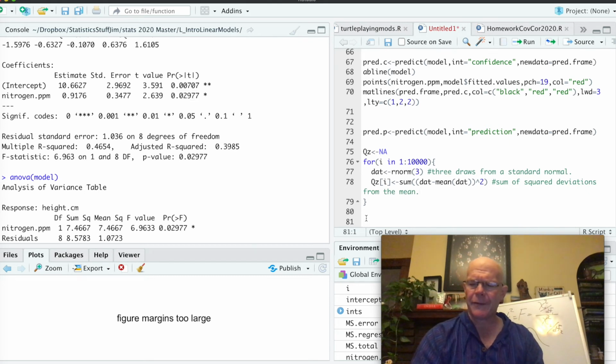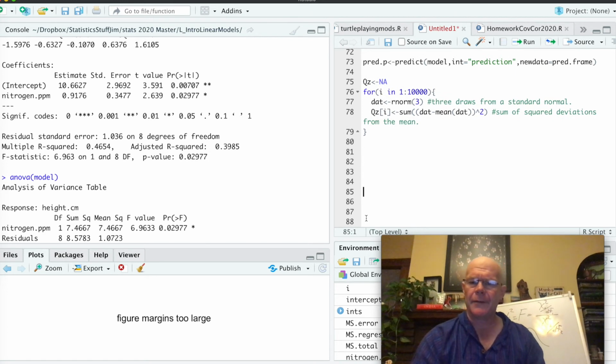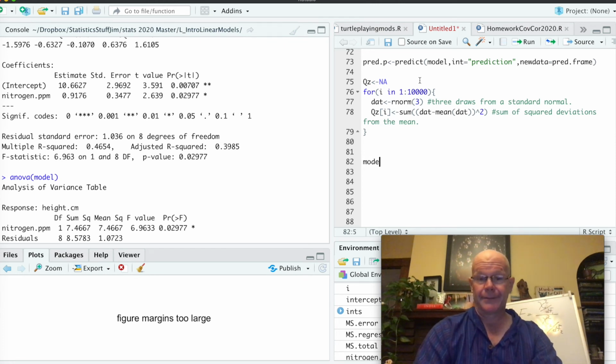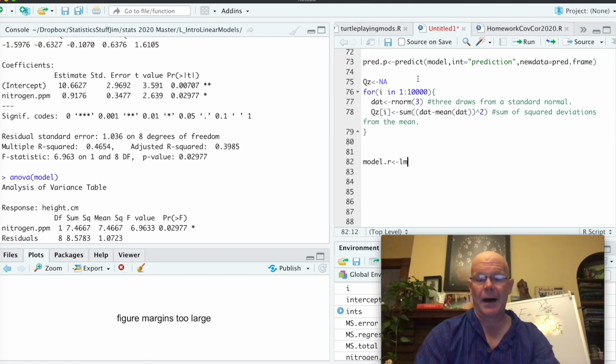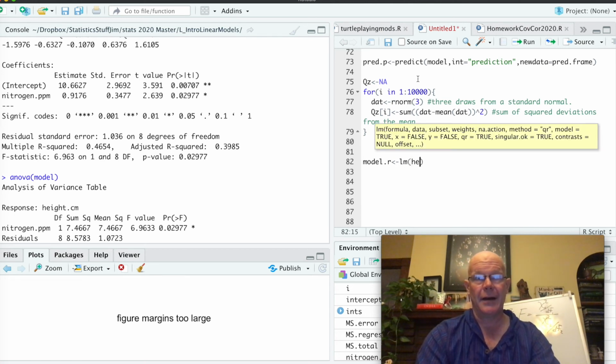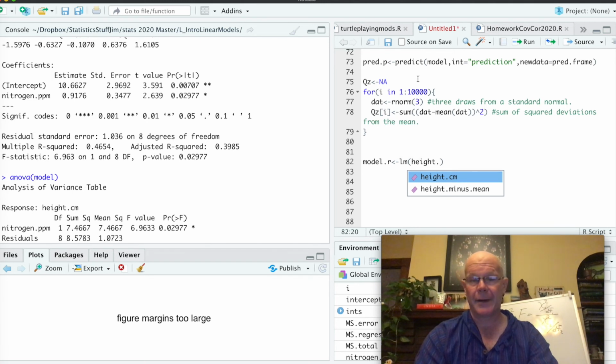And so just some final things to think about. Well, almost final things. We got one other thing that is a bigger deal that we need to think about. But let's say that we did a reduced model. I'm going to create an object called model.r because it'll be a reduced model. Let's say that it was a linear model where I'm trying to predict height in centimeters.